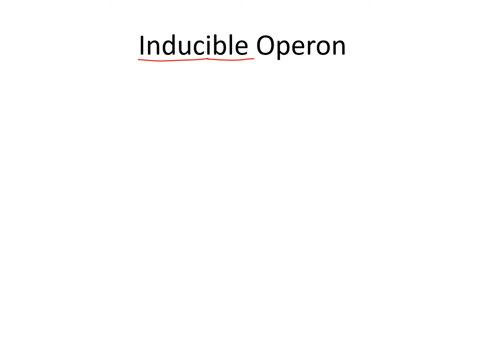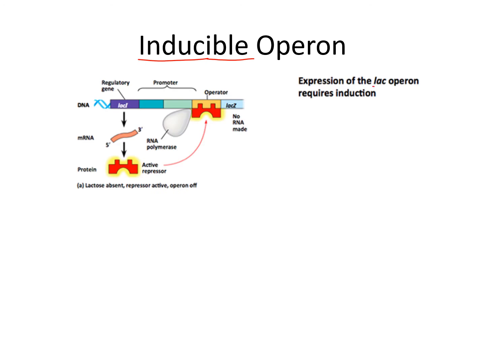That means under normal circumstances, this operon has no gene expression, but the cell has the ability to induce gene expression. And the classic example of an inducible operon is the lac operon. And lac stands for lactose. So this is an operon where the structural genes encode 3 genes that produce enzymes that break down lactose.